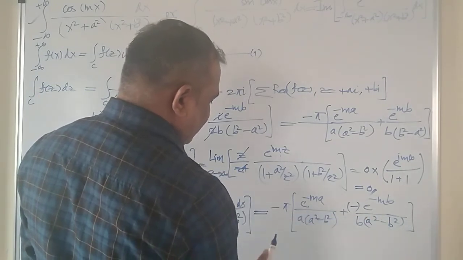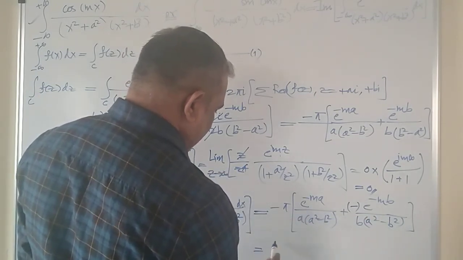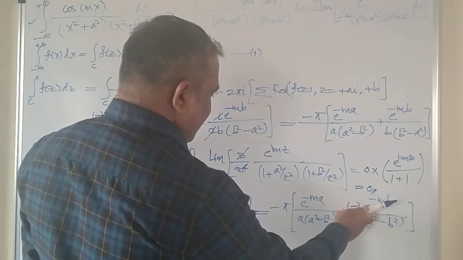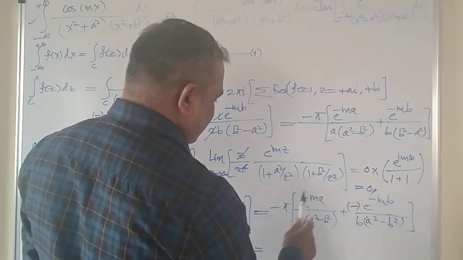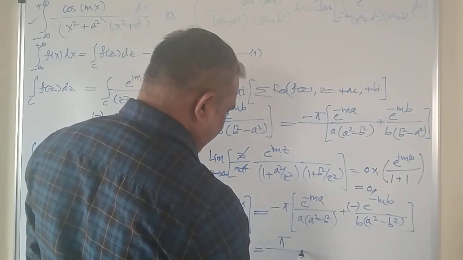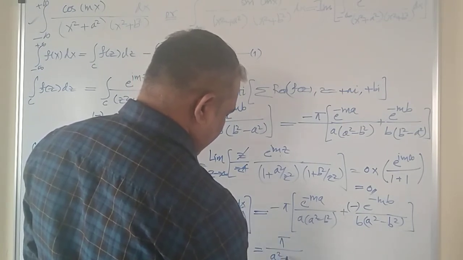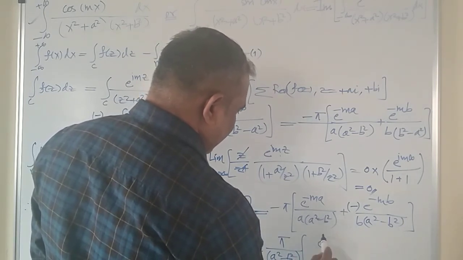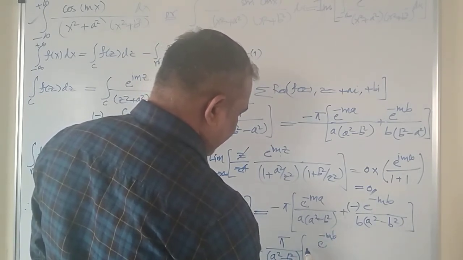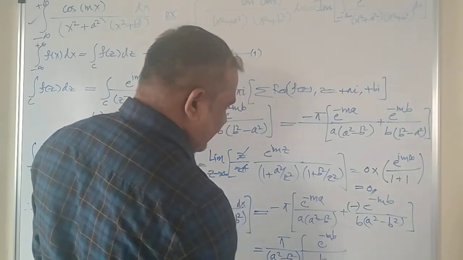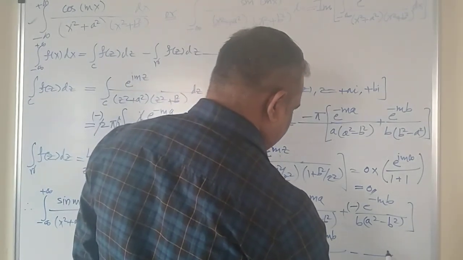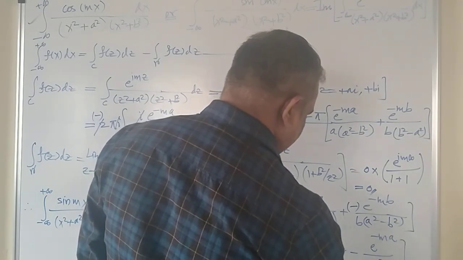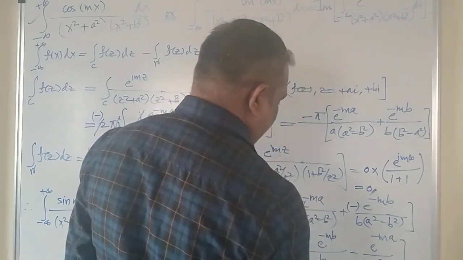And a square minus b square you can take outside, and this negative sign will be a positive then, no? By multiplying this, so you can write it as pi upon a square minus b square, and inside the bracket e raised to minus mb divided by b minus e raised to minus ma divided by a. This is the answer.